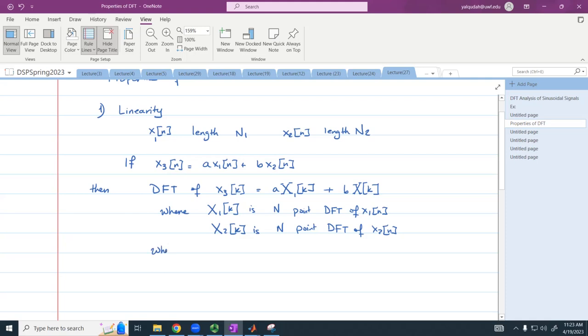And where n is greater than or equal to the maximum of n1 and n2 in order to avoid aliasing.